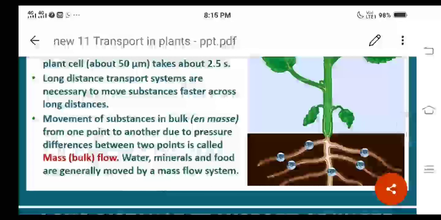And remember, water, minerals and food are generally moved by a mass flow system.